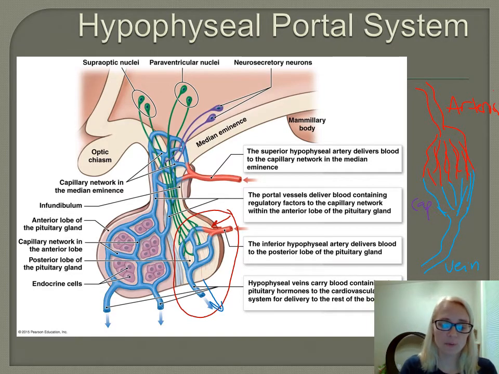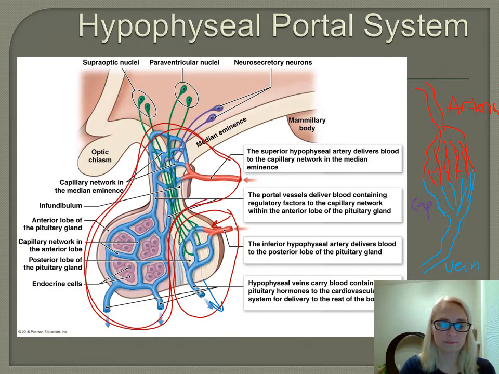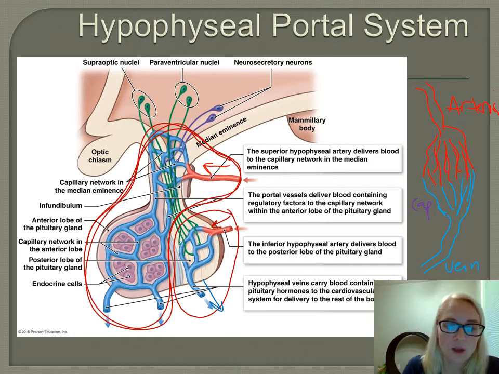The anterior lobe capillary bed, though, is different because if you take a look at that collection of blood vessels right here that I'm circling, we have our arterial flow in. We have our capillary bed, I'm going to put into purple. I know it's kind of hard to see with all those other things. So that's our capillary bed, and it's drained by veins, right?